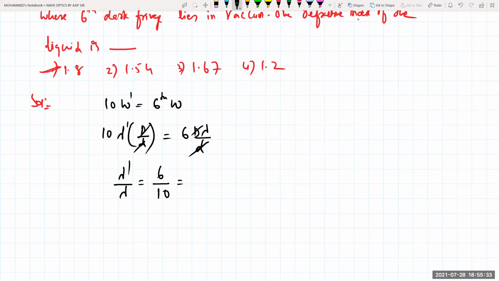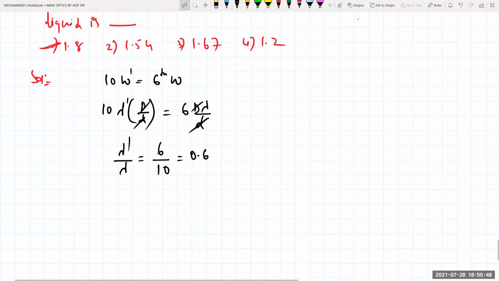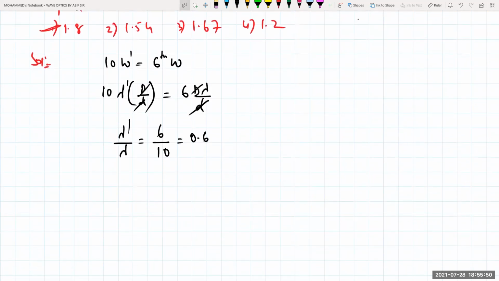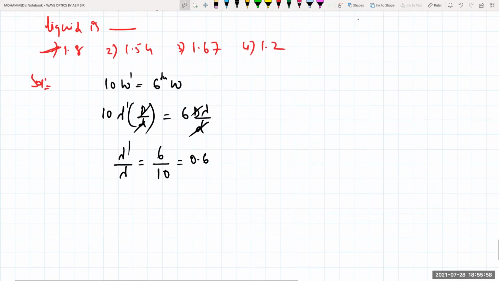Then lambda by lambda dash will be the inverse, 10 by 6.